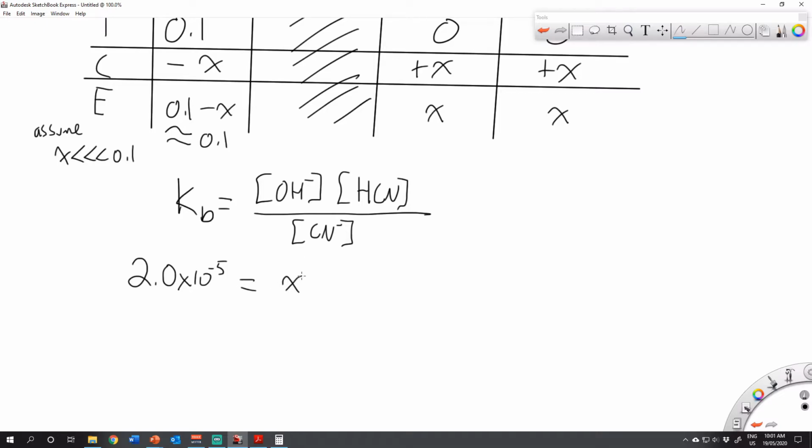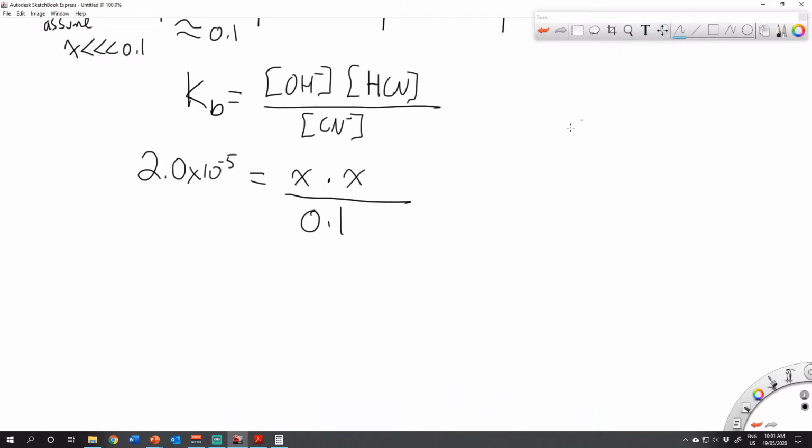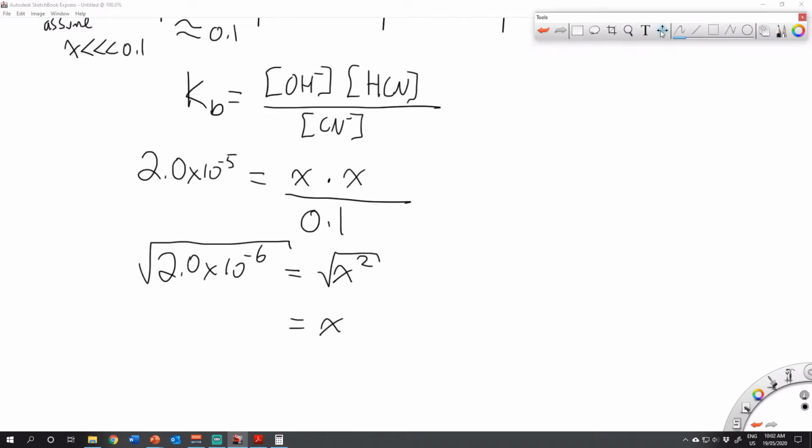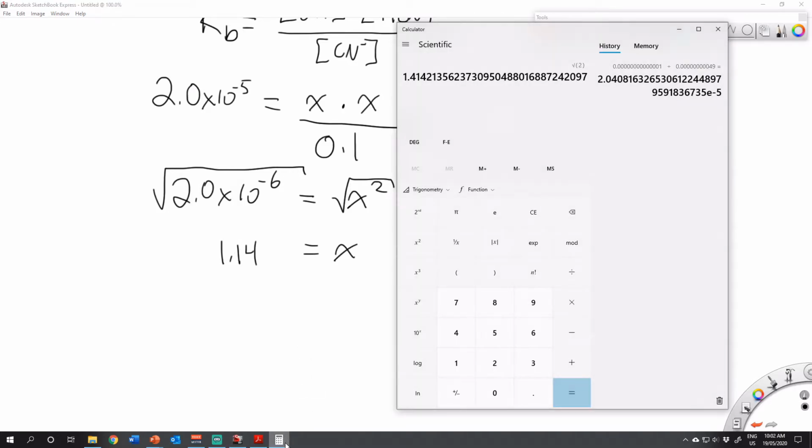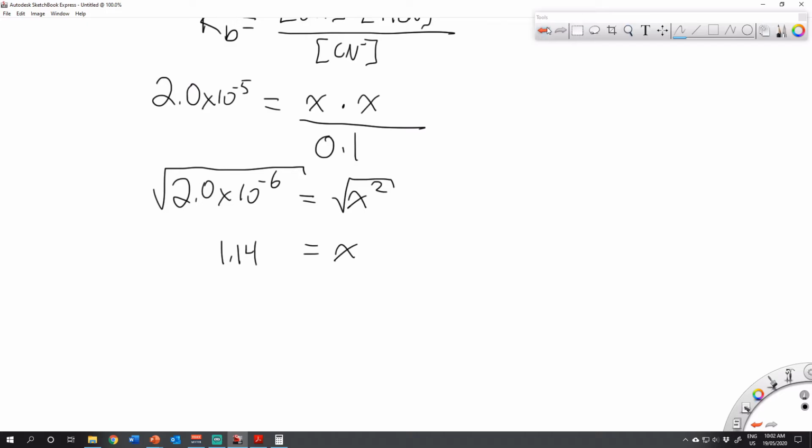OH minus we don't know, HCN we don't know, and CN minus we're going to assume is 0.1. Carrying out the calculation, 2.0 times 10 to the negative 5 times 0.1 will be 2.0 times 10 to the negative 6. This will become x squared, so we square root that, and we get the following. So 1.41 times 10 to the negative 3.